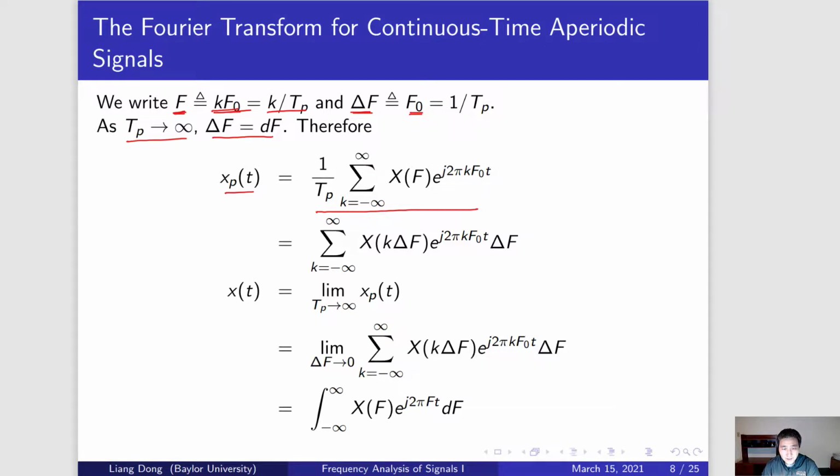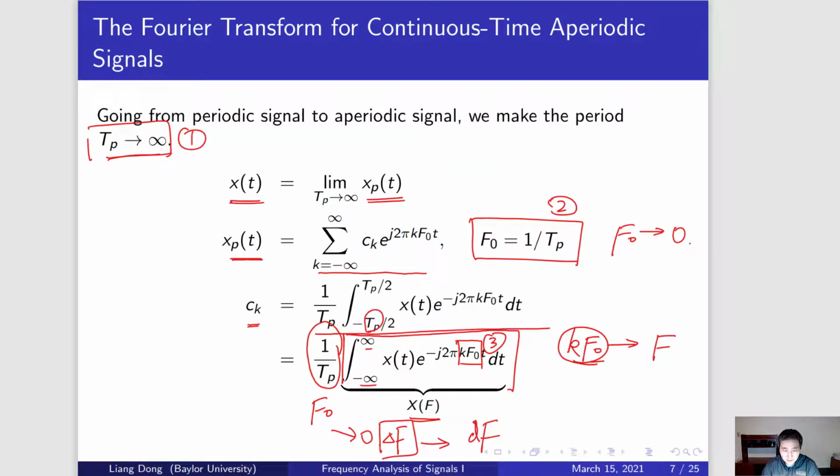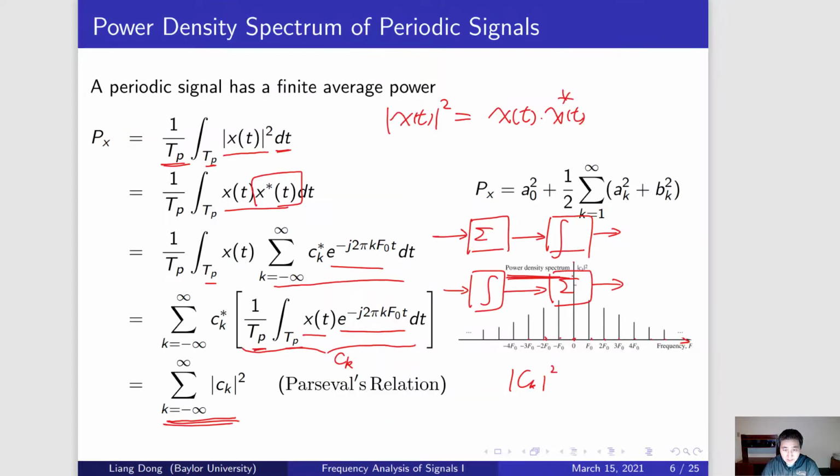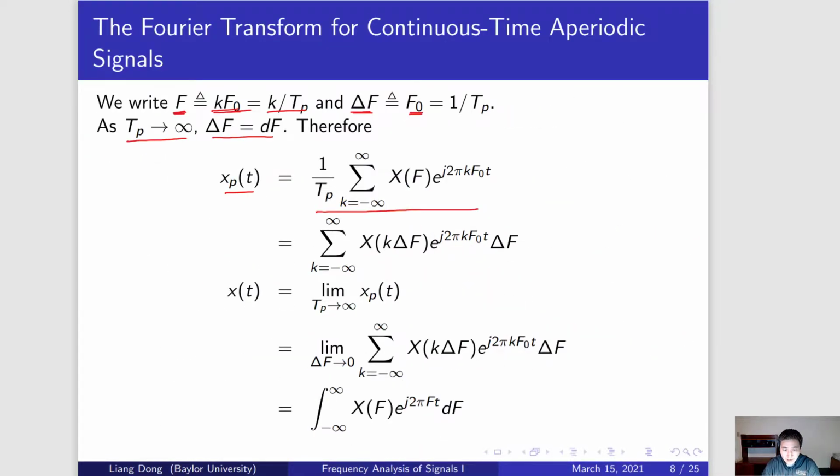Now remember that in this weighted sum, c sub k already becomes 1 over t sub p times X(f). So writing the X(f) here, this is the synthesis equation. So we have the complex exponential term e to the positive j 2 pi k f0 t.